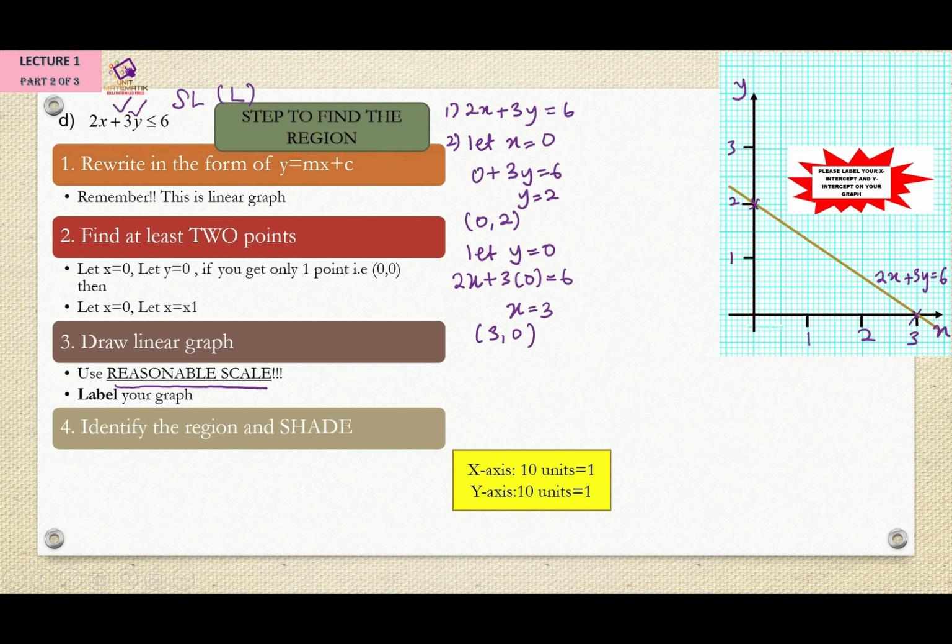The region is below the line or lower than the line. Here you can write B or L. B for below, L for lower. So lower than the line means it is here. So this is the region. Okay, student.